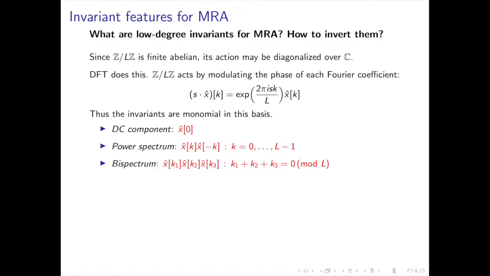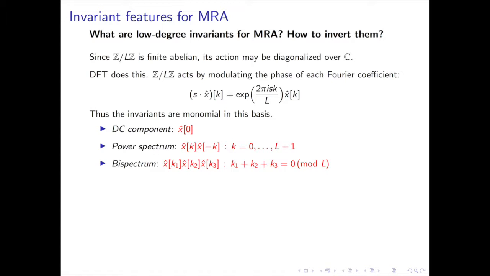So what are the invariants of this diagonal action? Since the action is diagonal, the invariants are spanned by monomials. The linear invariant is just X hat of 0: if K is 0, then the left-hand side equals the right-hand side for all S. That's the only linear invariant. What about the quadratic invariants?